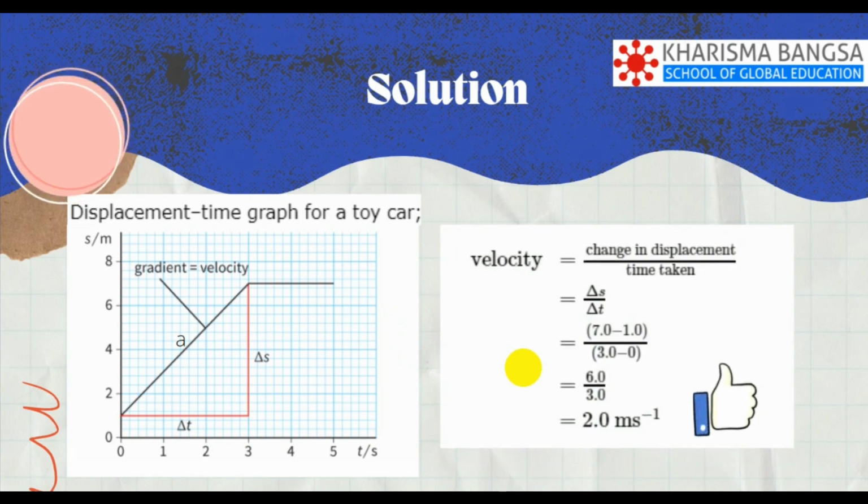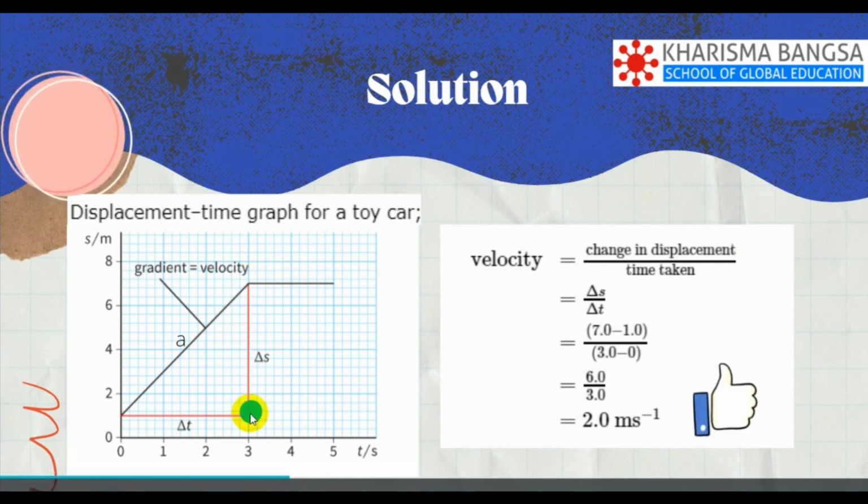Okay, so the solution is, first we need to recall what velocity is. The velocity formula is change in displacement over time taken. So it is delta S over delta T. In A line, the delta S is from this point to this point.